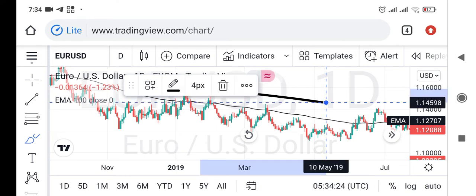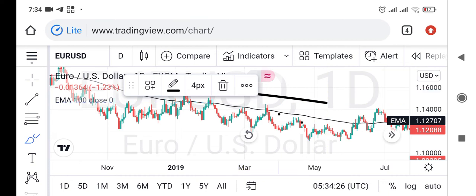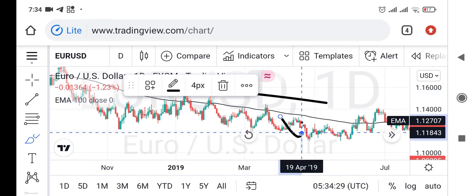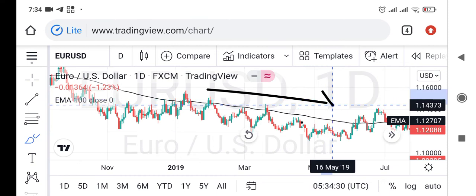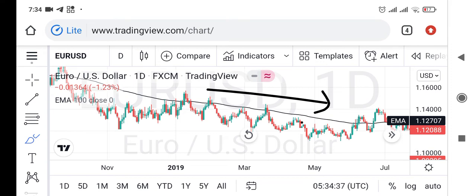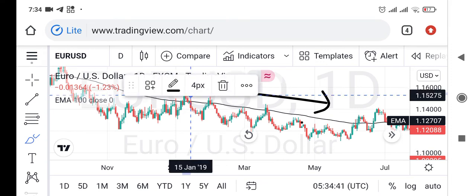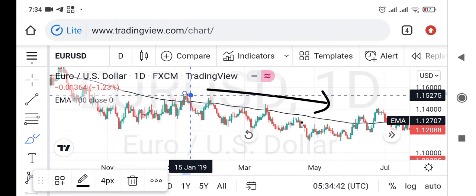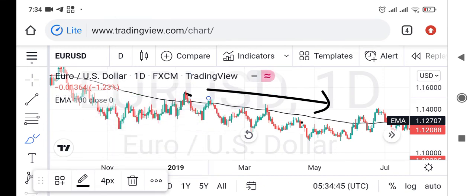in a downward direction, right? So as it goes downwards, it makes those highs and lows, like I have them here.